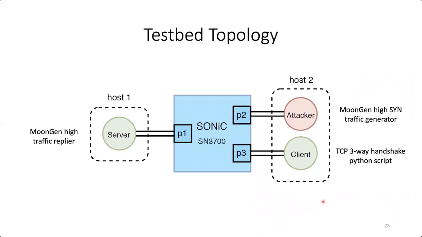From the right side, we have the clients. The first one is the attacker, which also runs the MoonGen traffic generator to generate a high rate of fake SYNs. The real client runs a normal TCP three-way handshake from a Python script.